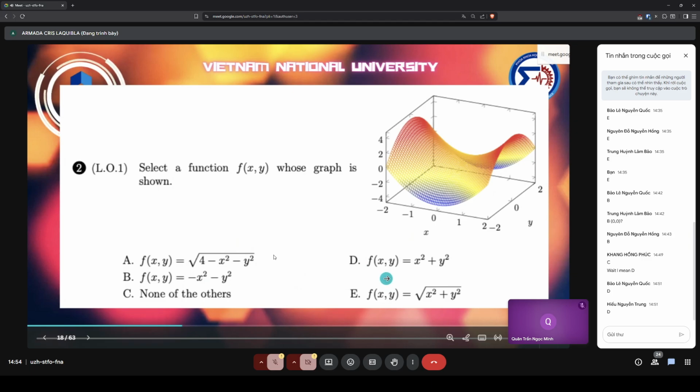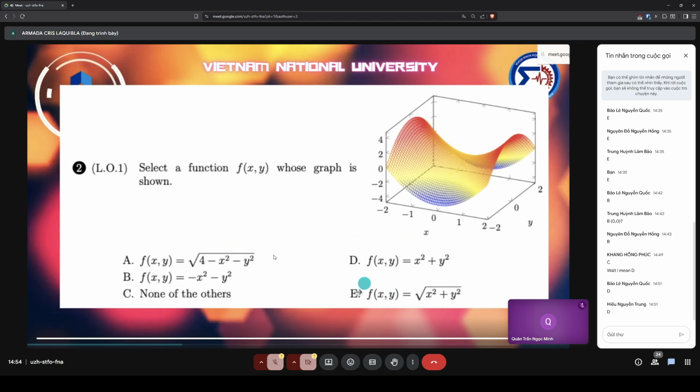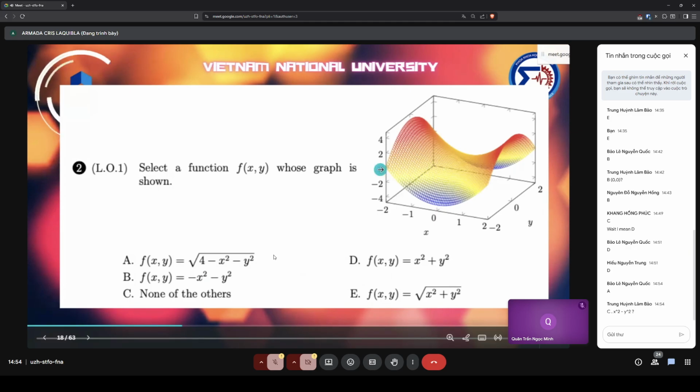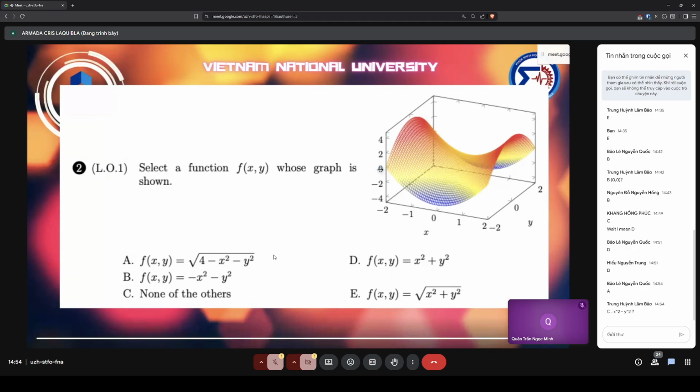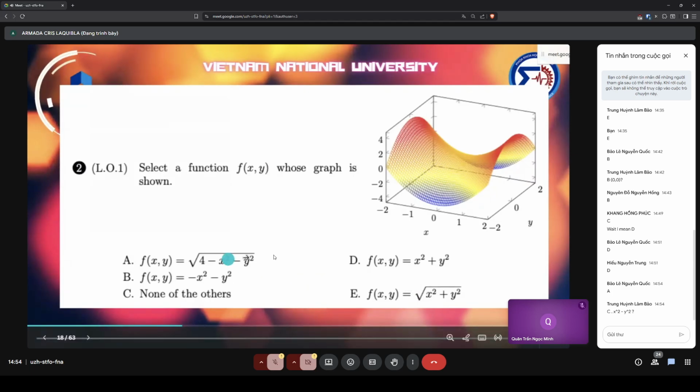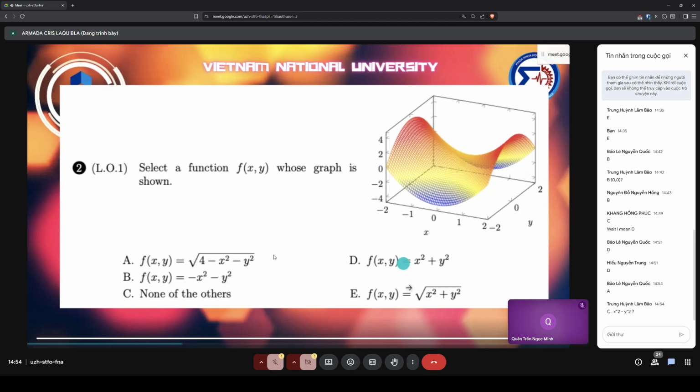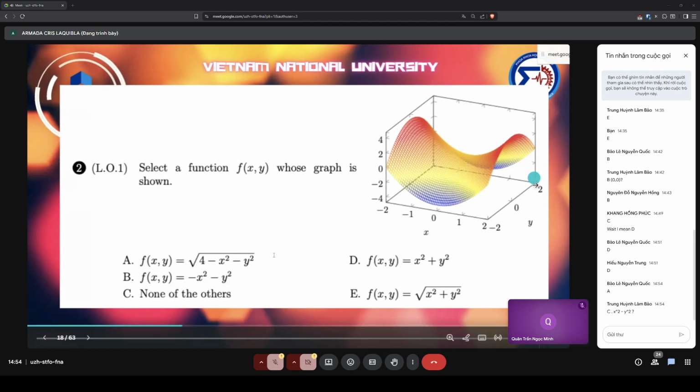If two functions satisfy the point negative 2, negative 2, 0, you replace your x with negative 2 and your y with negative 2, and your f(x,y) must be 0. If two functions are correct, get another point, substitute it in those two functions, and whichever satisfies it is your function.